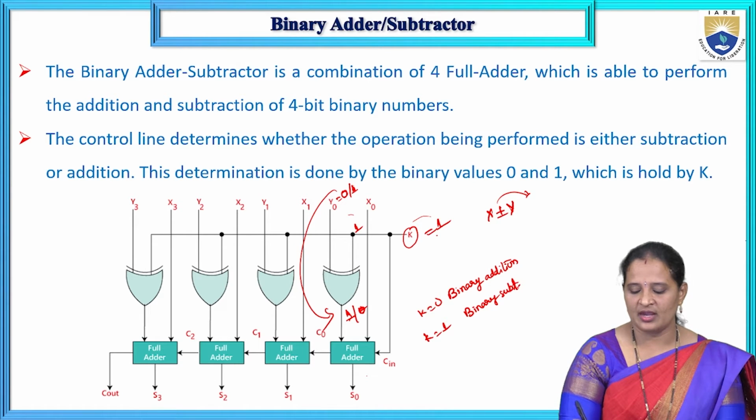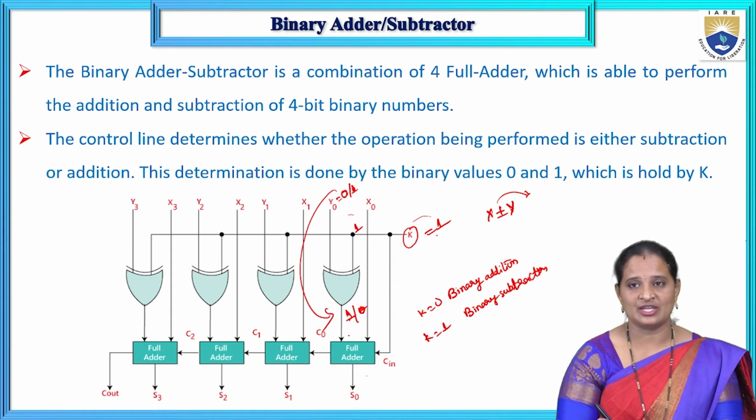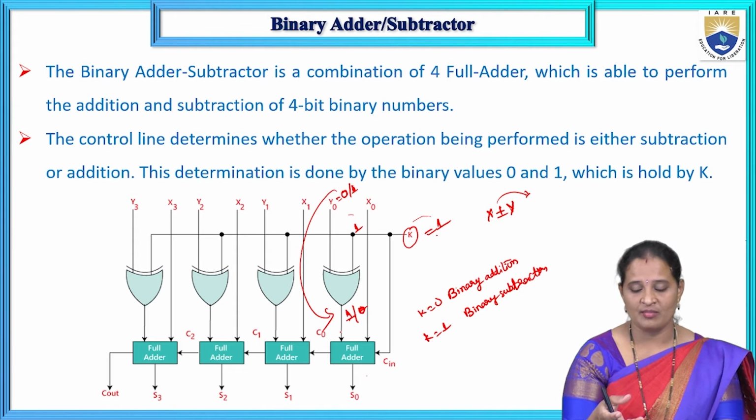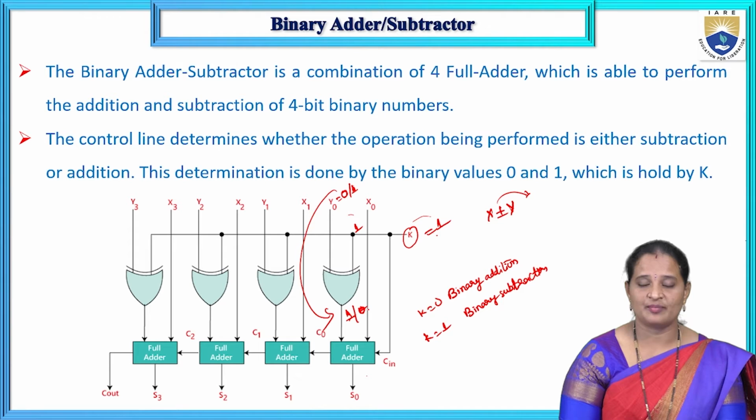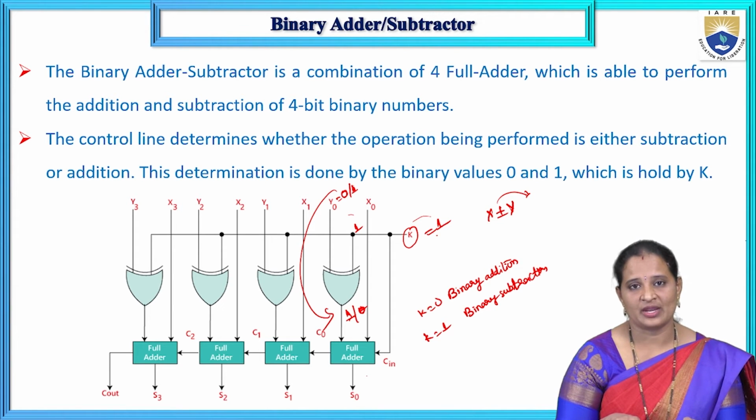So here I can understand that by taking k equal to 0, it performs the addition because the y input is applied as it is. Whereas when k is equal to 1, the y input is applied to the full adder in its complemented form. As it is complemented, we can say that this full adder performs the subtraction operation.